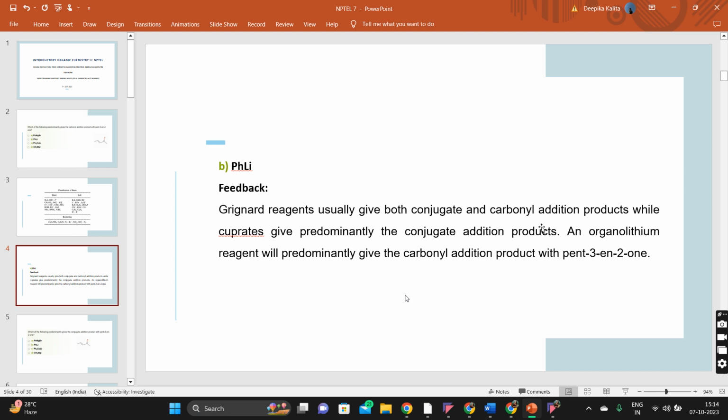So for this question, you have to choose option B, which will give you a large fraction of the carbonyl addition product. So this phenyl lithium organolithium reagent will be the correct answer for this question.